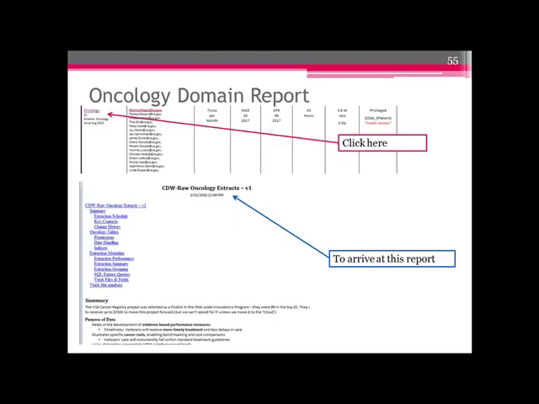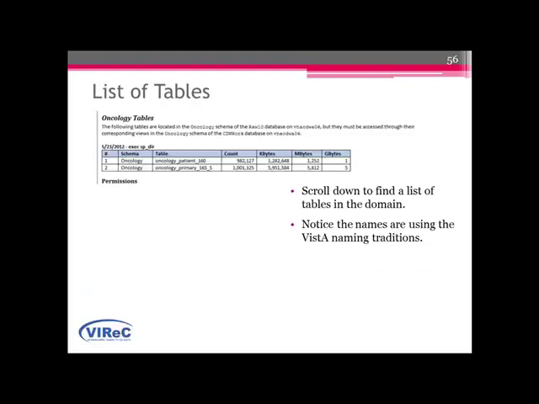What I tend to be looking for first when I arrive here is information about which tables are included in that domain. So I scrolled down until I found oncology tables, and I see there are 2 of them: oncology patient 160 and oncology primary 165.5.